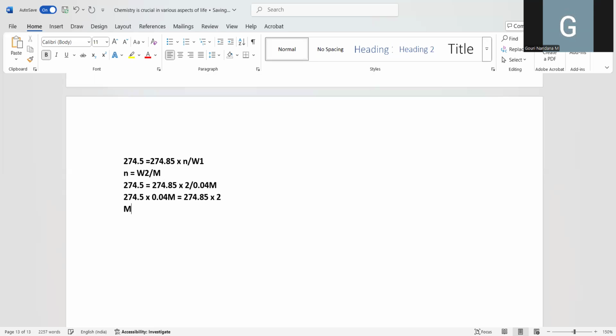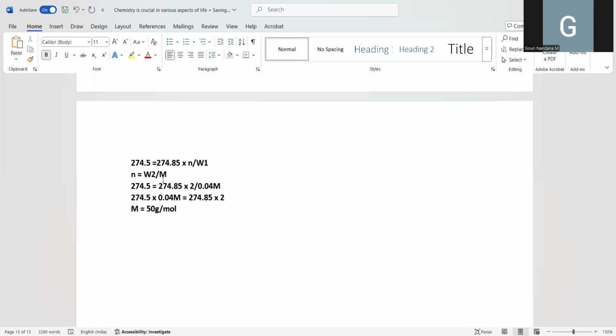From this you can find the M, and M will be 50. So this is the answer.